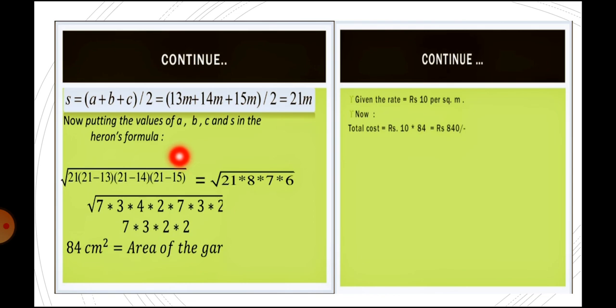Now putting the values a, b, c and s in the formula, we get the area of the garden is equal to 84 meter square. Given the rate is rupees 10 per square meter. Therefore total cost is 10 into 84 is equal to 840 rupees.